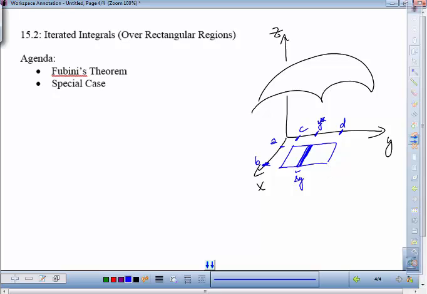So if we're looking at this double integral over our rectangular region, and for the moment we focused on where y is fixed.